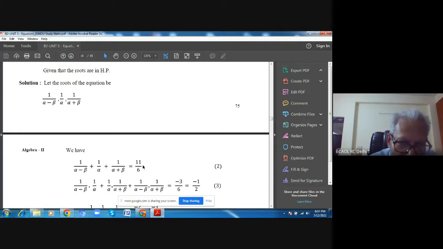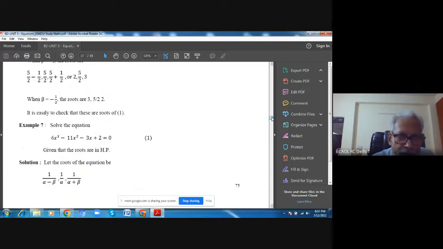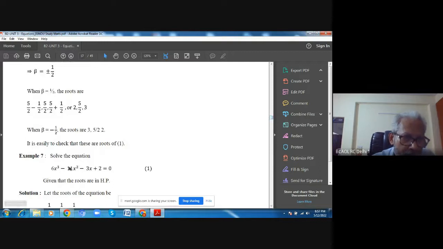Now, where has 11 by 6 come from? Because it is the sum, so definitely it is minus B by A. So 11 by 6 is taken from the equation, B and A. Everything is given here.